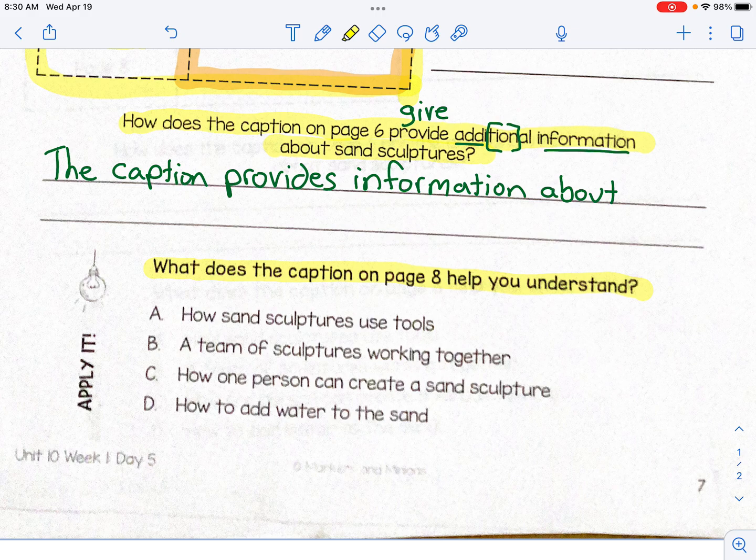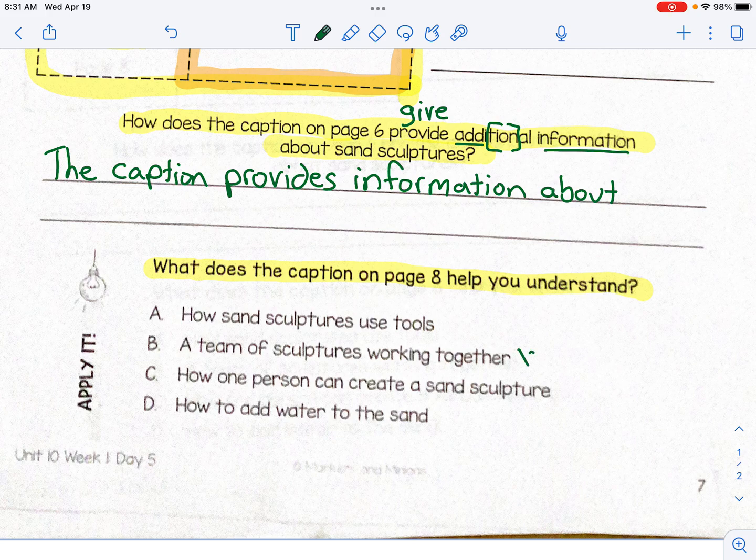Okay, what about B? A team of sculptors working together. Is there a team of people working together in that picture? Is that what the caption was helping us understand? If yes, put a check.